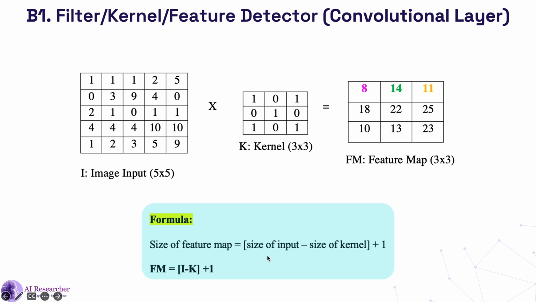The formula is Fm is equal to I minus k plus 1, which indicates how to calculate the dimensions of the feature map, where I is the dimension of the input, k is the dimension of the kernel size, and plus 1. These operations capture important features from input data such as edge or texture, which are important for the subsequent layers to perform image recognition.